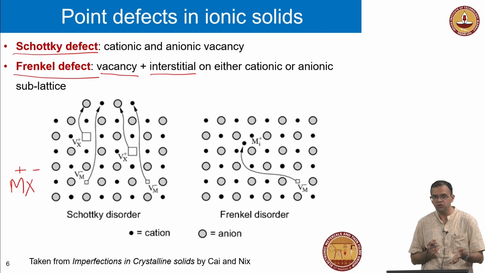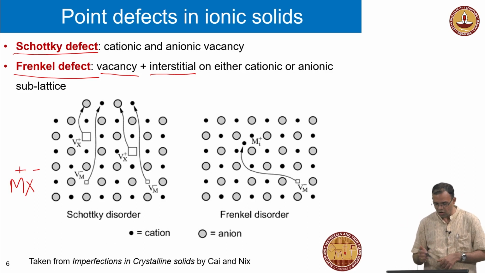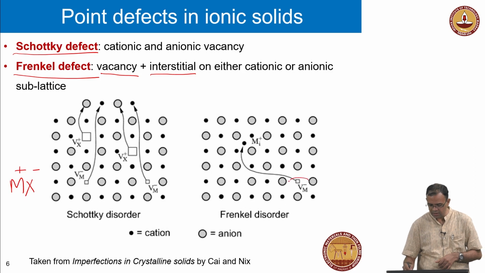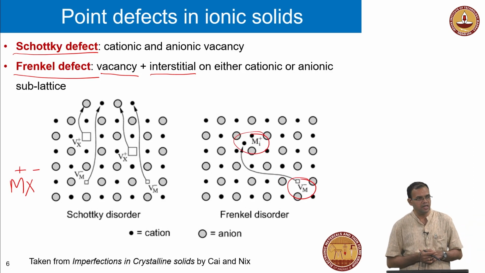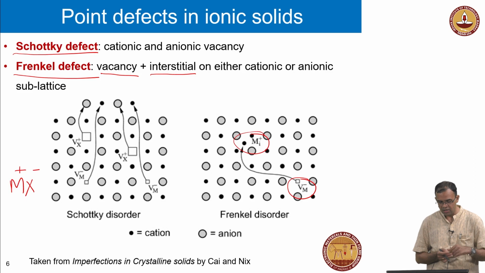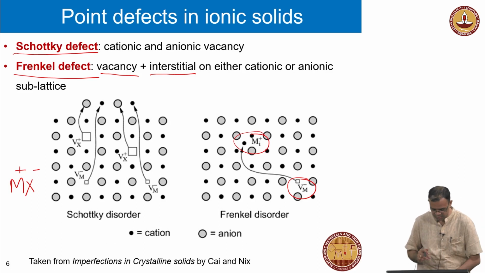I can remove both of them and that creates a Schottky disorder. Or I can take the metal ion, remove it and put it in an interstitial position, and that creates a Frenkel disorder. In both cases charge neutrality is maintained, we are not violating any charges, but they are different kinds of defects.